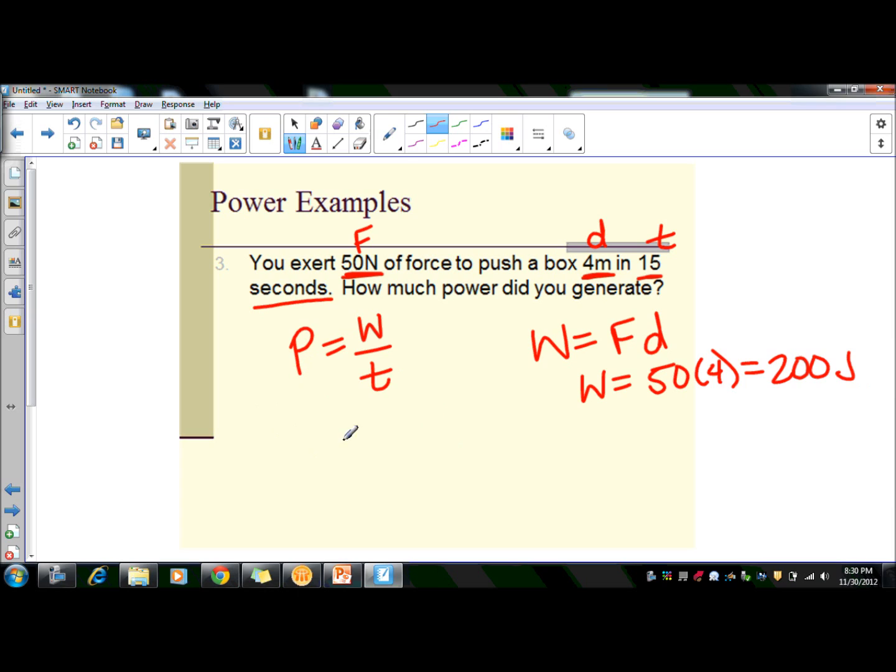Now we can plug it in. So P equals 200 joules divided by 15 seconds, and we get 13.3 watts. So for this example, we had to first find work, and once we found work, then we could find our power.